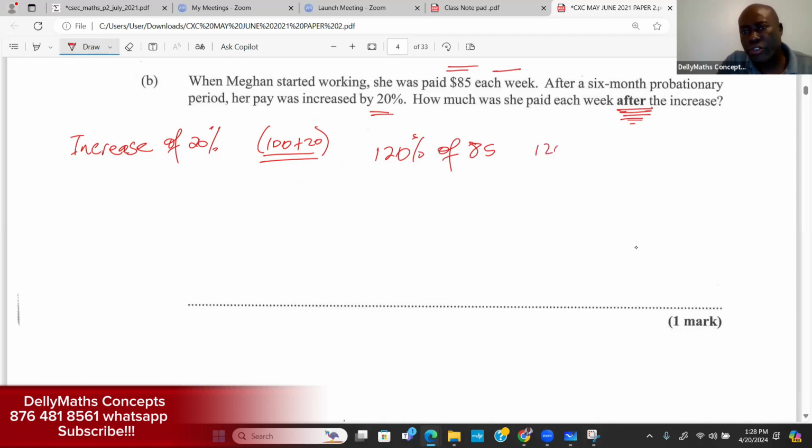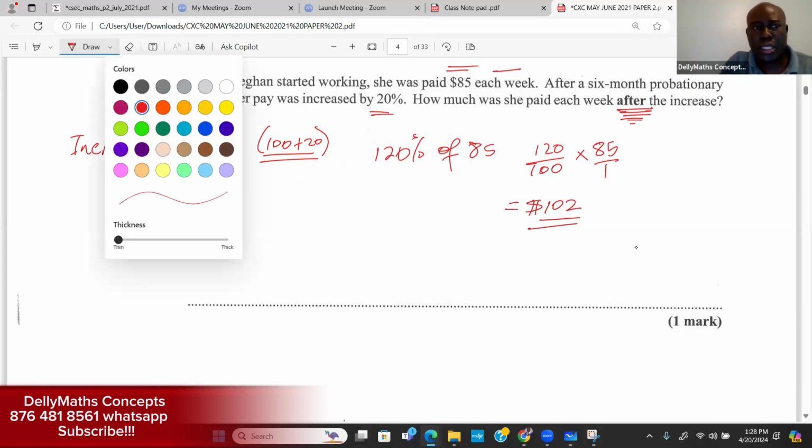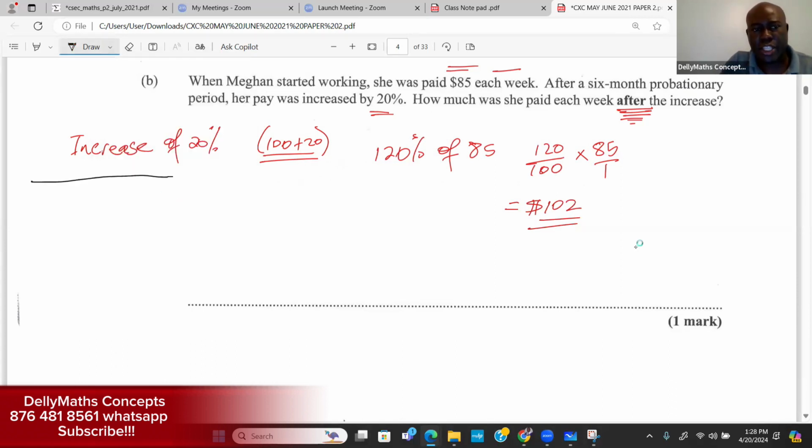So let us look at this approach here. 120% is 120 over 100, and if we multiply this by 85, we'll get the answer. That is going to give us a total of $102. For some of us, if we don't like working it like that, you can find your 20%. So I'm giving us a second way of solving this.